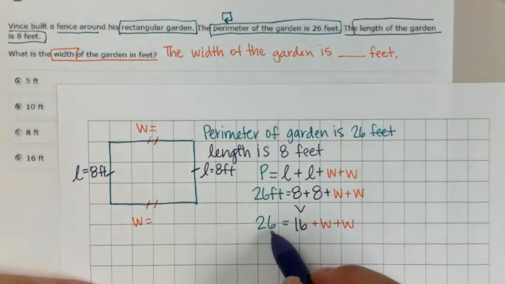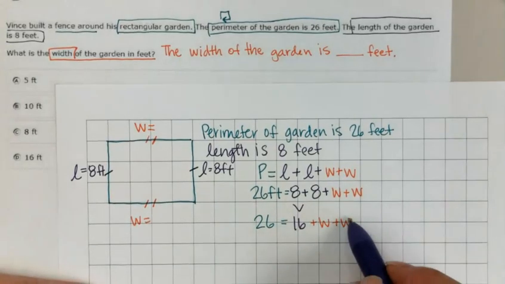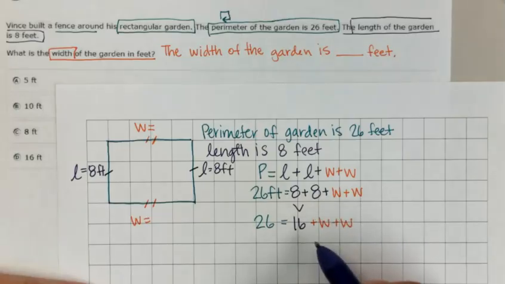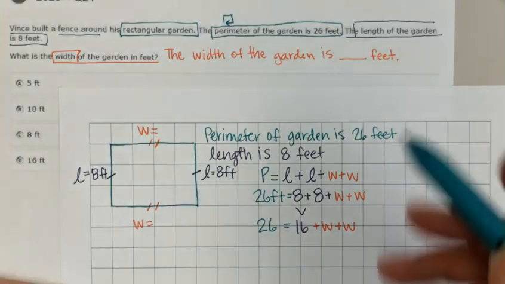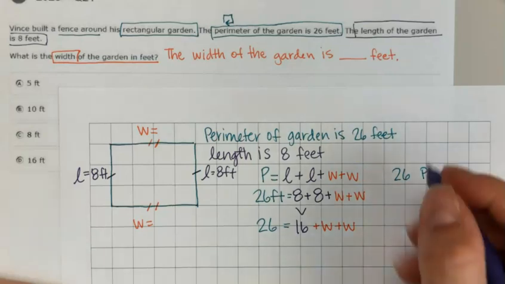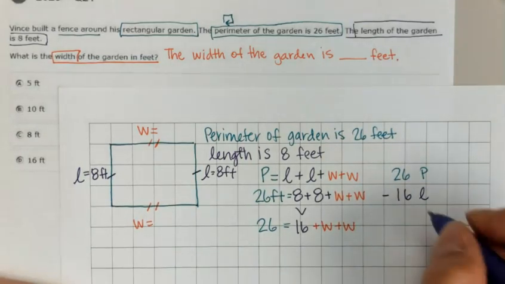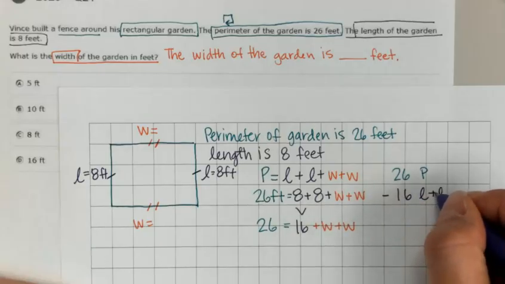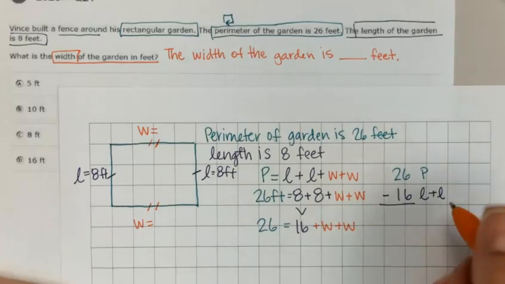I already know that my perimeter is 26, and I already know that my two lengths added together is 16. I need to find out what's left over to figure out how much the width of the rectangle is. So I'm going to take my perimeter of 26, and I'm going to subtract out my combined length of both sides to figure out what that combined width is.